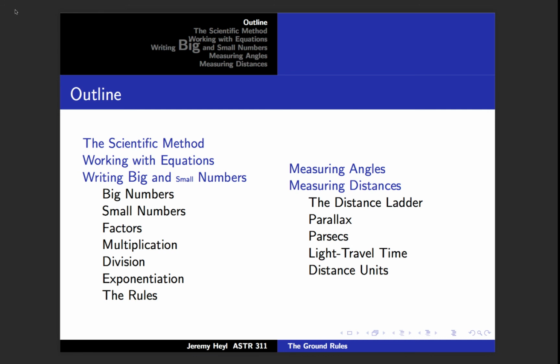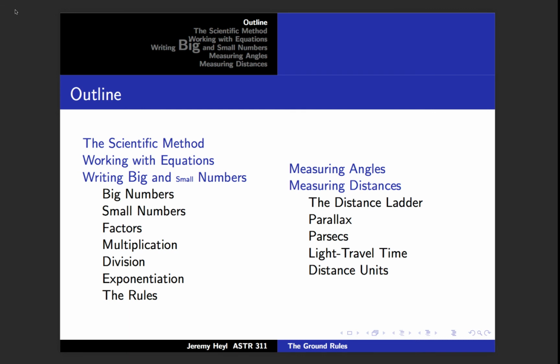And we'll do a little experiment in class, I think, that will measure something, and we'll end up getting a really big number. So we'll have to understand how to deal with big numbers, and I'm going to spend a lot of time going through how we use scientific notation.